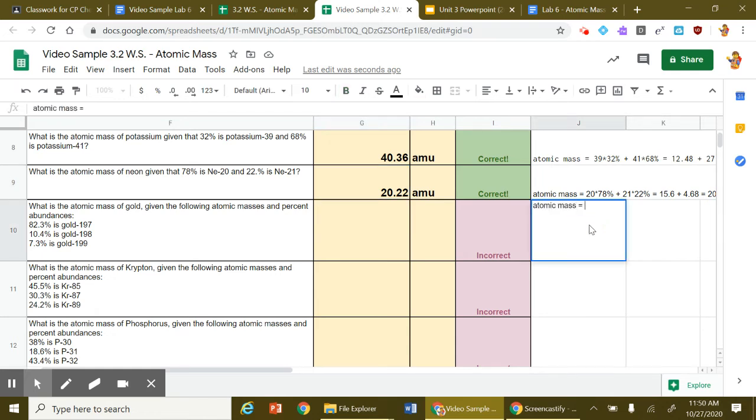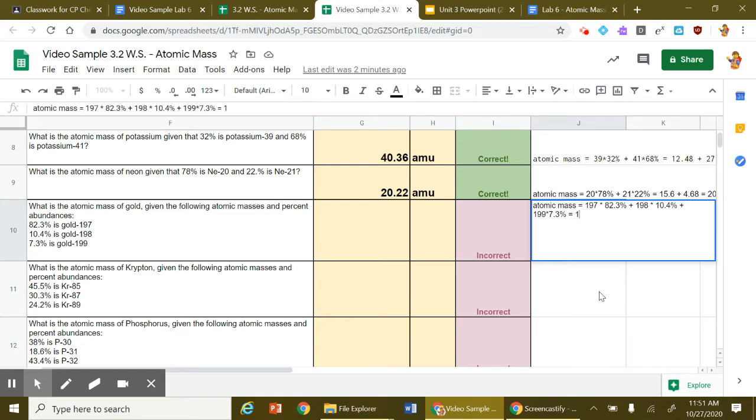That's equal to the mass of the first isotope, 197, times 82.3%, plus the mass of the second isotope, 198, times 10.4%, plus the mass of the third isotope, 199, times 7.3%. Okay? And what does that equal? Well, let's see here. 197 times 82.3%.